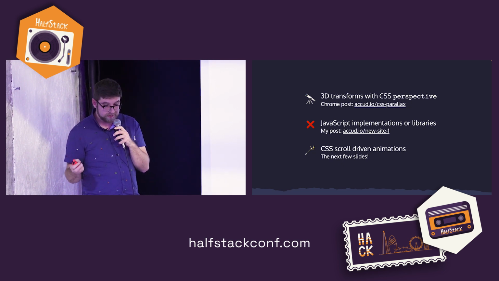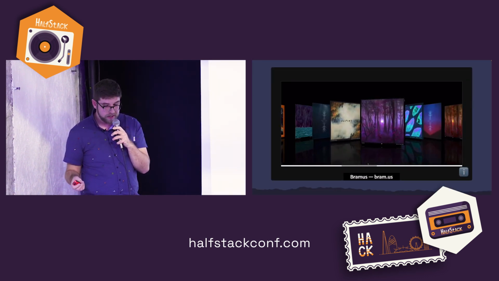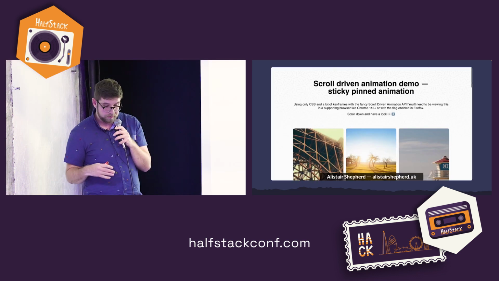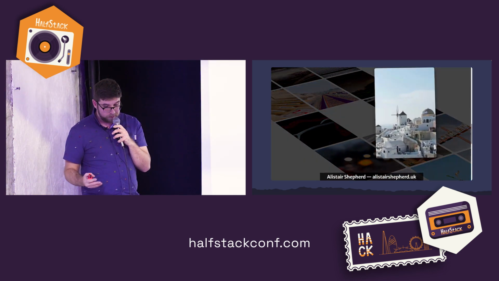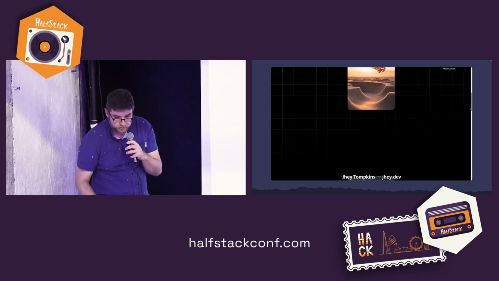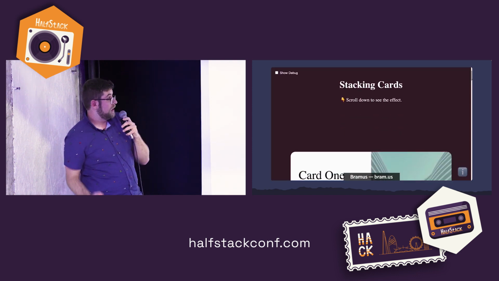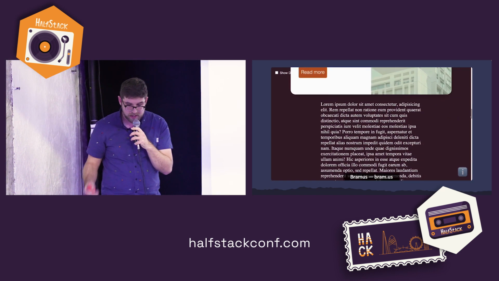Scroll-linked animations and transitions are a very common pattern on the web and traditionally require JavaScript to implement or trigger. Over the past few years, the CSS working group and browser maintainers have been working on the new scroll-driven animation API. This is a video of a few demos that use that.